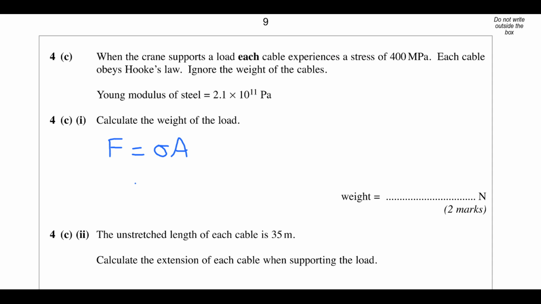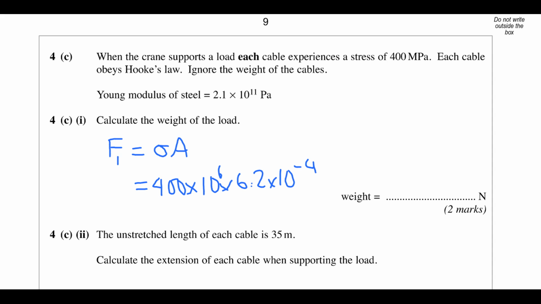So we've got a stress. It was 400 megapascals. So that's 400 times 10 to the 6. We have the area from the previous question times 10 to the minus 4. So when we calculate that, that gives us a value of 248,000.